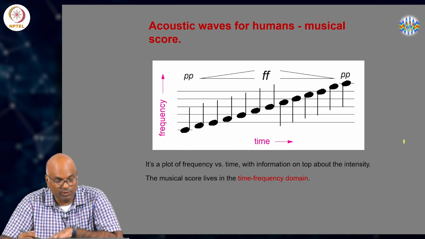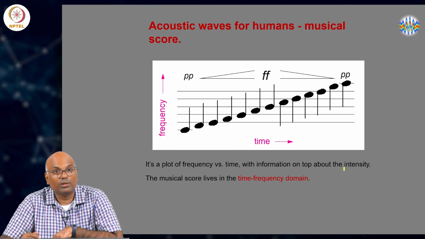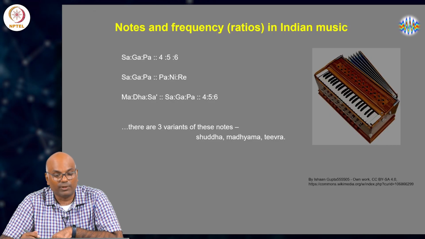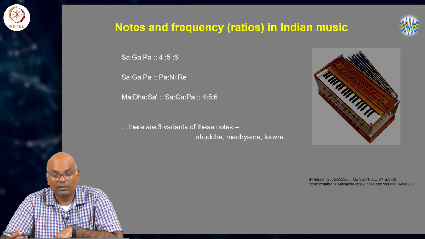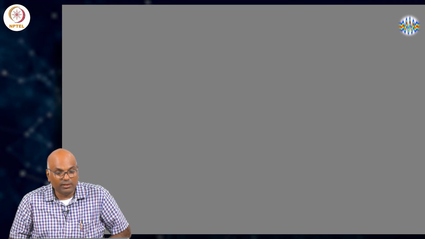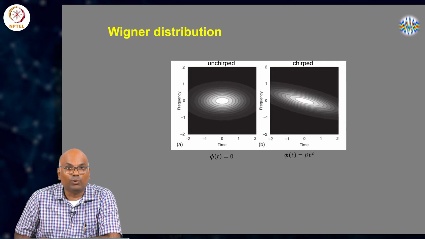That essentially is music, and musical scores live on this time frequency domain, right, in every musical tradition such as the Indian tradition as well, right. So, maybe there is a clue there, okay, yeah, there certainly is, and let us examine that more closely.